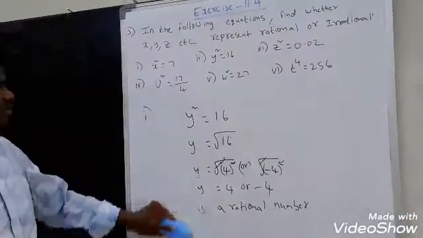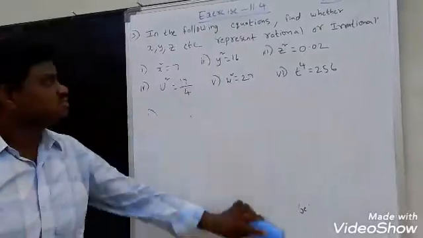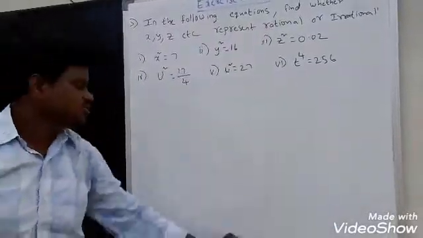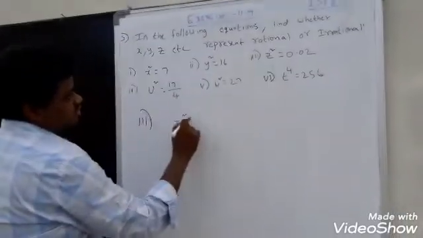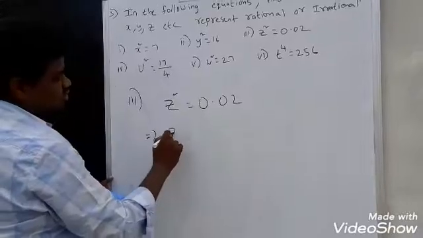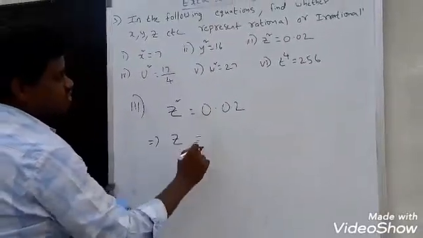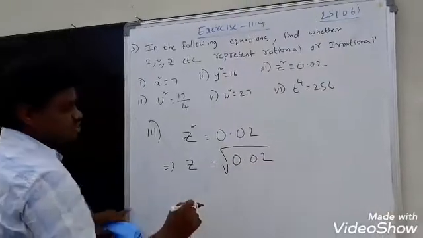If you take the third problem here, what is it? Z square equal to 0.02. That means z is equal to root of 0.02.